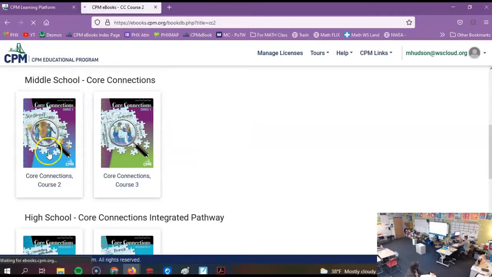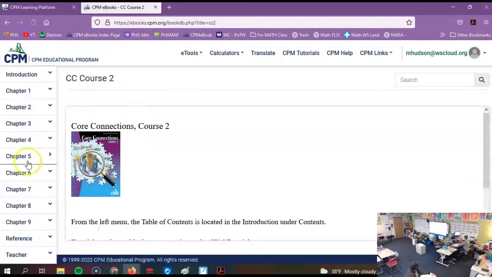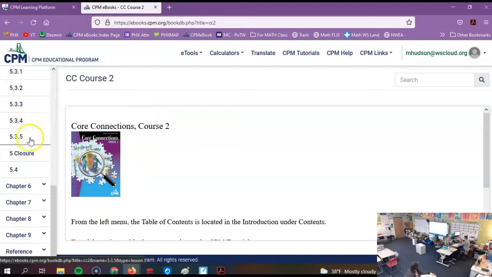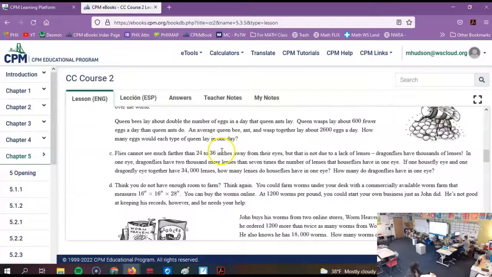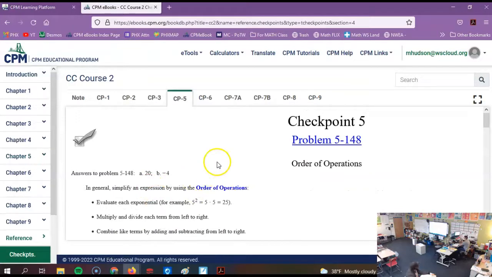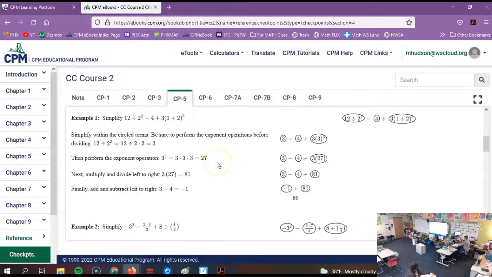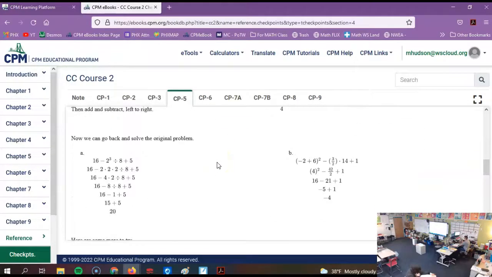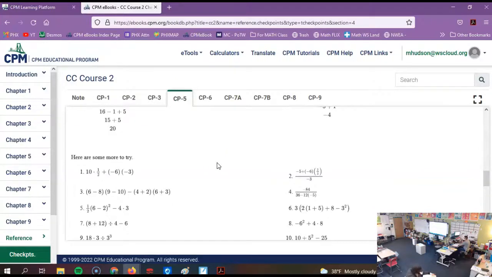you guys would only see your book. I see all of these because I obviously teach multiple classes. 535. Scroll down to that homework question. Checkpoint 5, order of operations. So if you want a review in the order of operations, you can go to the checkpoint 5. And I'm going to try to link this into Schoology, but you have to log in to get here.